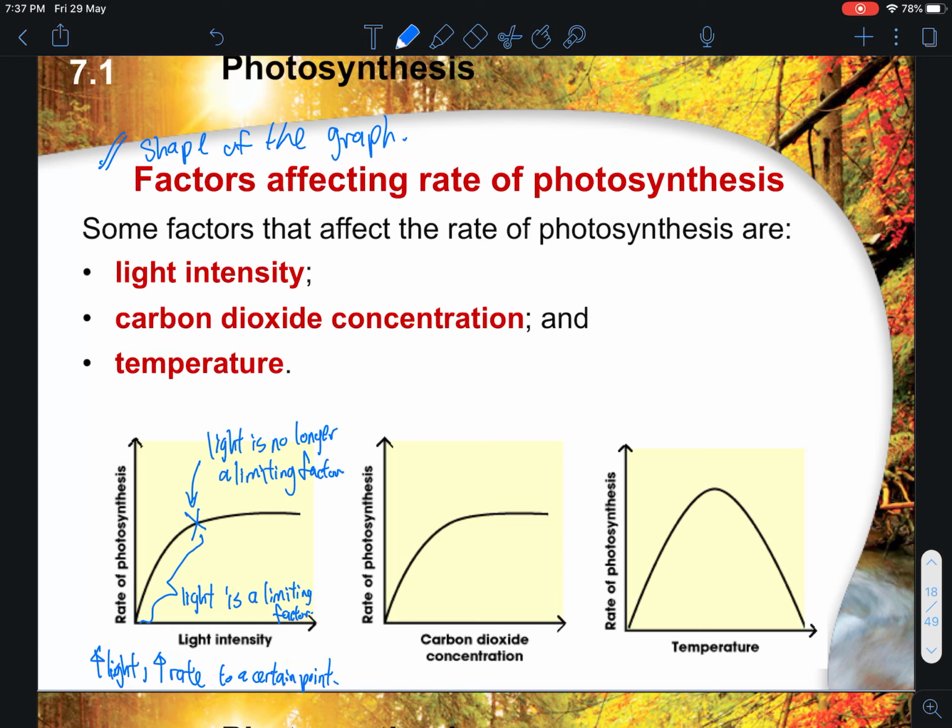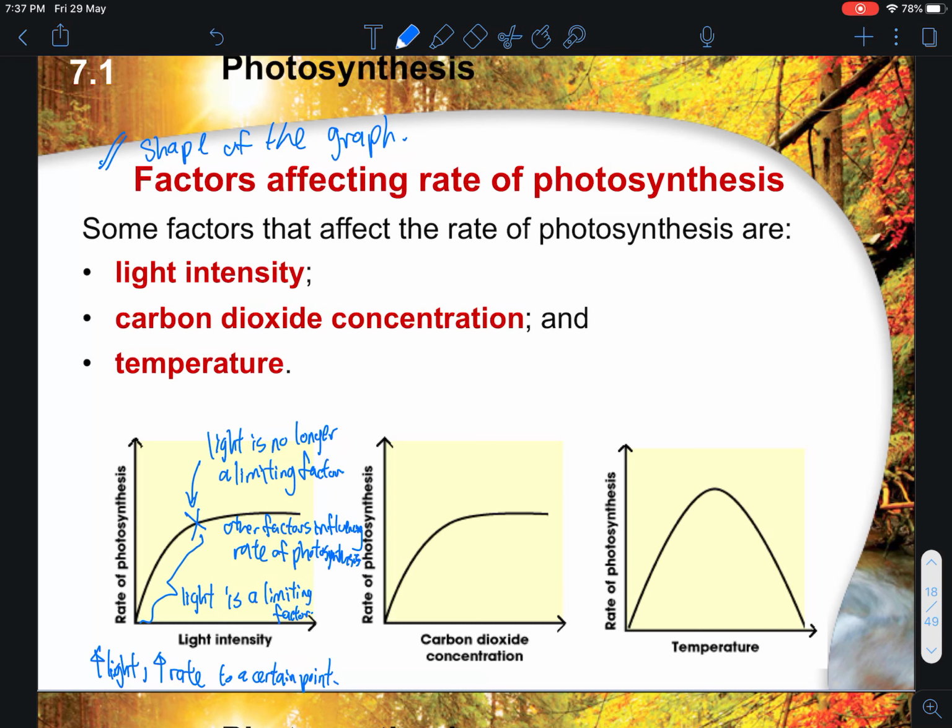And when light is no longer a limiting factor, but you can see that photosynthesis is still occurring, that means any further increase is due to other factors influencing the rate of photosynthesis.